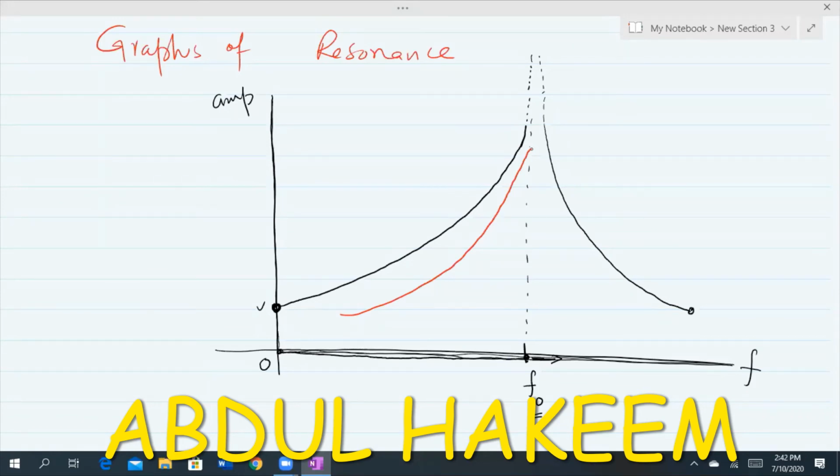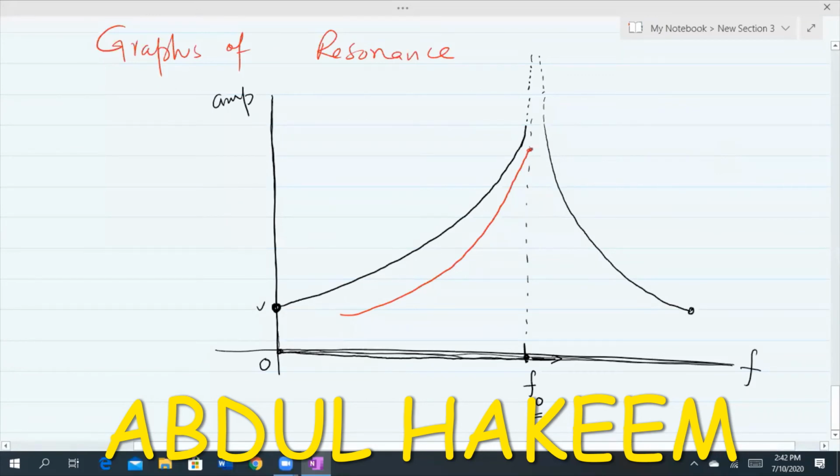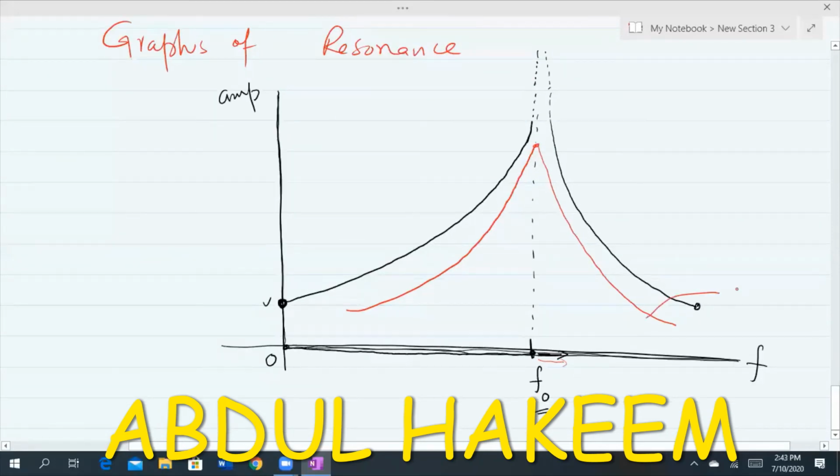So when the rate of gain of energy becomes equal to the rate of loss of energy in the light damped system, there is no further increase in the amplitude, so it stops here. But when the frequency increases, it comes back to its original value. So this is the resonance for the light damped system. This is light damped. And this is undamped.